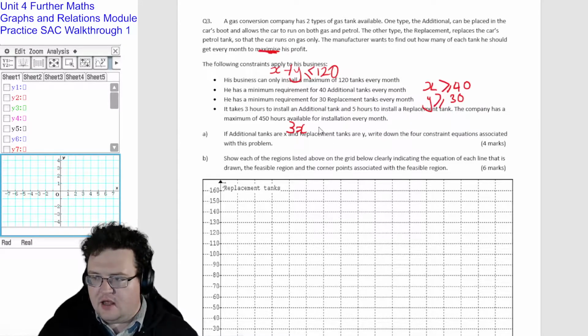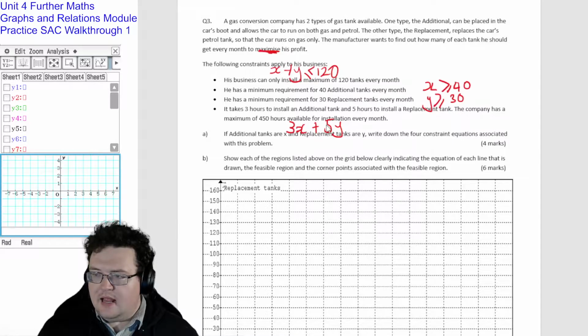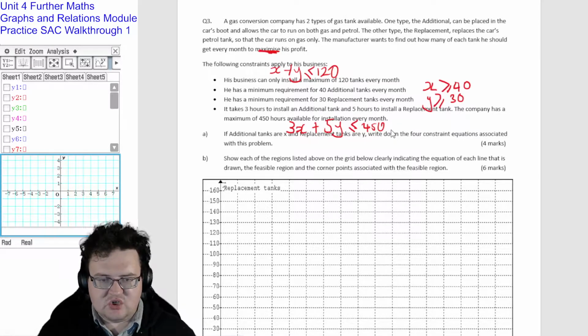And every replacement costs 5. The company has a maximum of 450 hours. So because it's a maximum, we want to use that symbol, and that's your 450. So those are your 4 constraint equations to describe the situation.